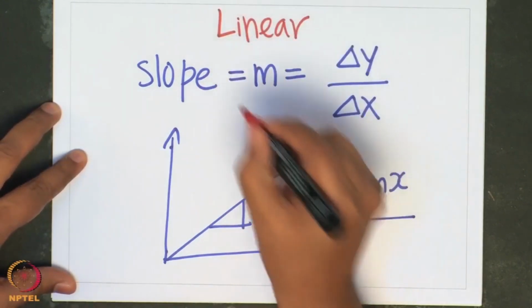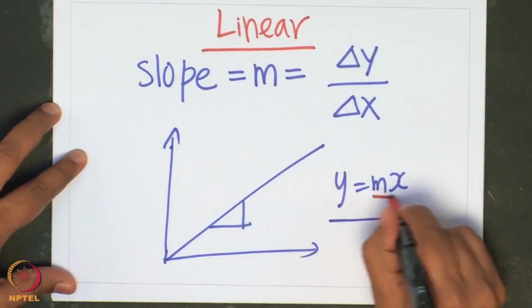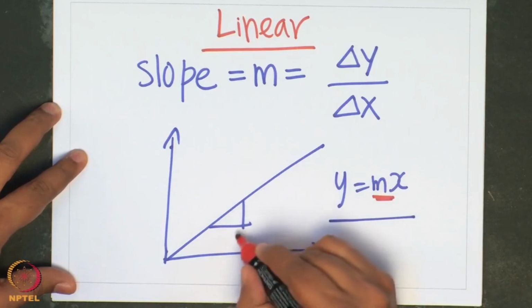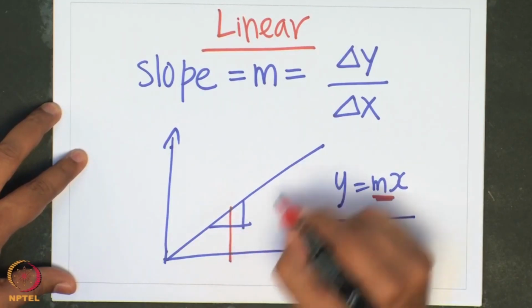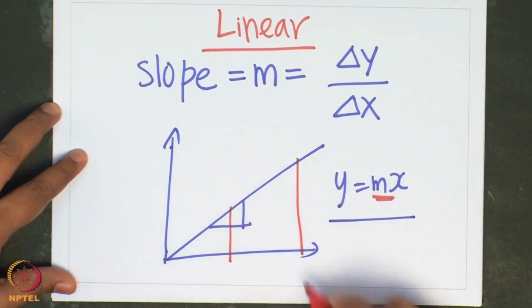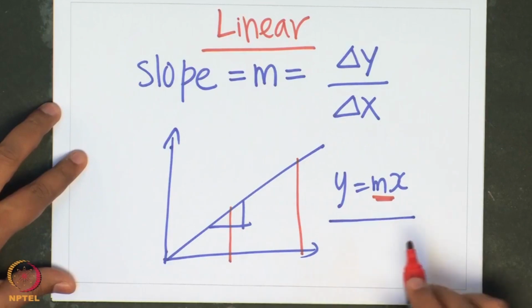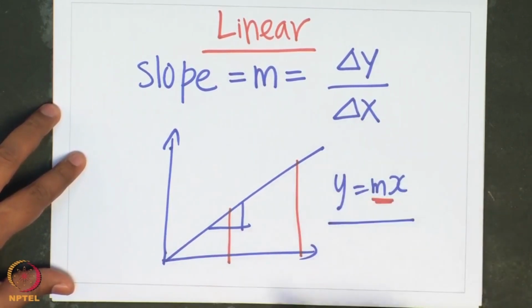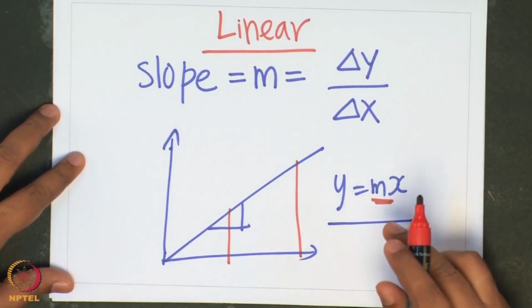It has the slope m, which is the same slope everywhere. For any value of x, the slope is m. If the function is not a line, what the slope is, is something that we will learn today.